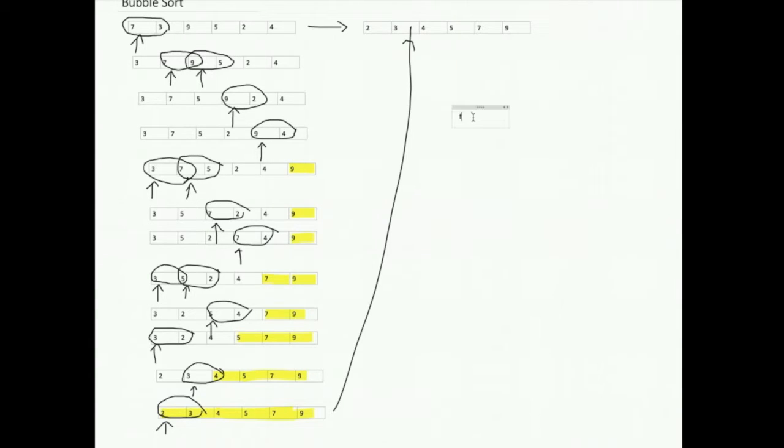So we'll run a for loop for i from index 0 to less than, if I assume that n is the number of elements, let's say n minus 1.